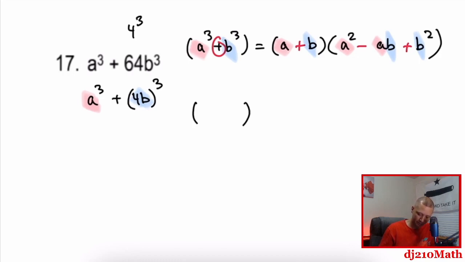So a plus b. A plus the b, which is in this case 4b.